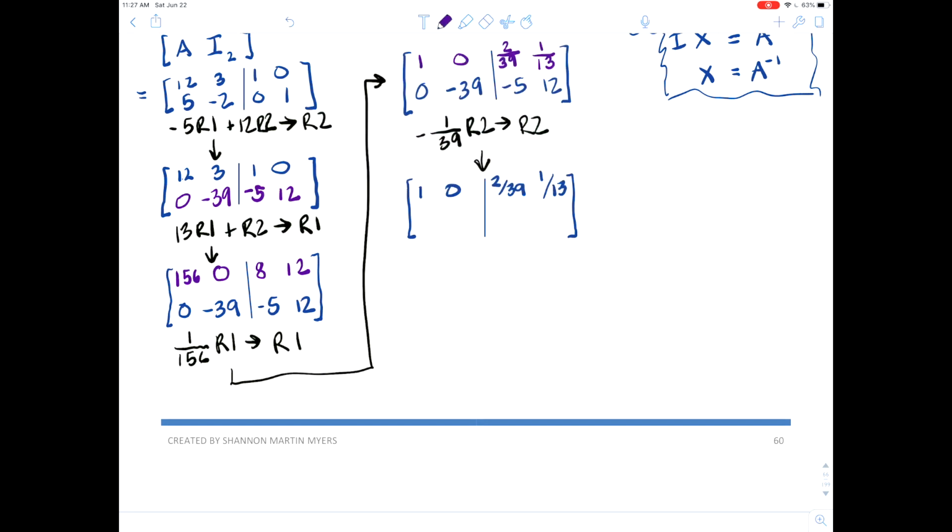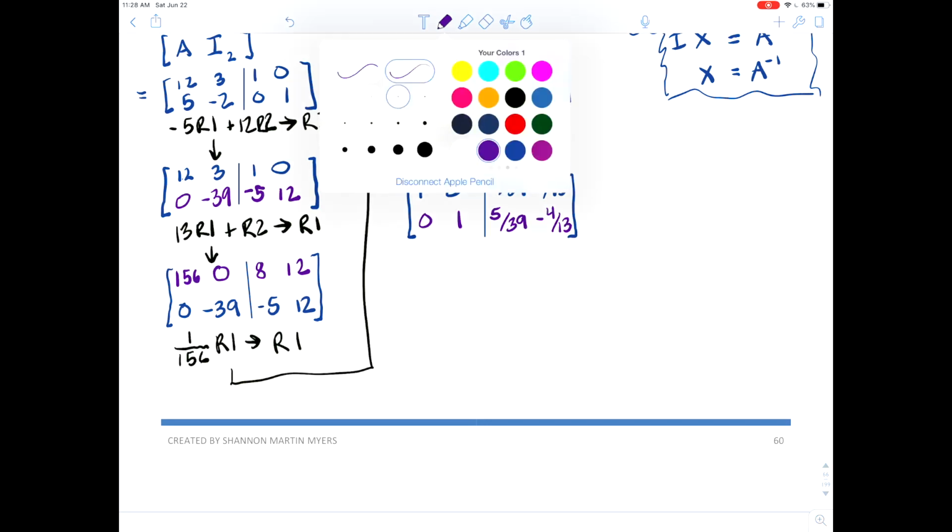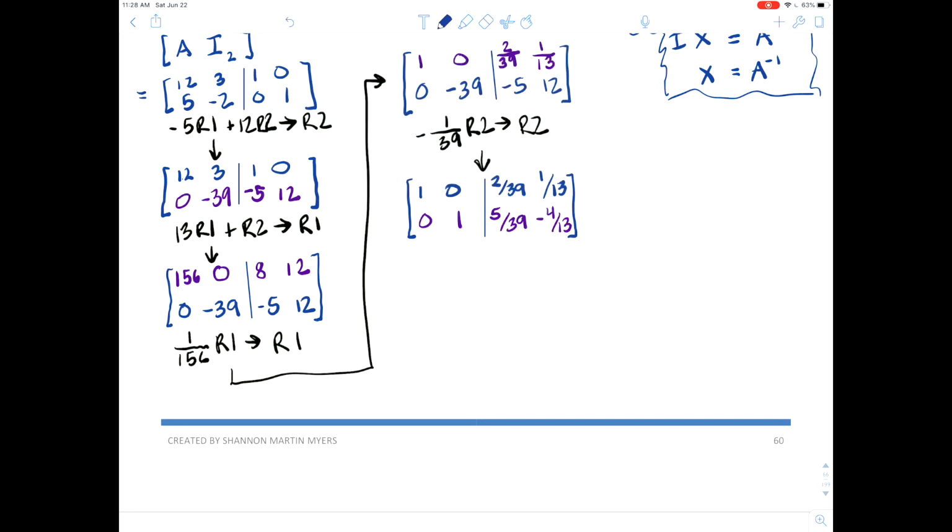And let's see what we get. So we'll get 0 here, 1 here, and then let's see, positive 5/39 here. And then negative 12/39 would reduce to negative 4/13. Cool, cool? Okay, now be careful because a lot of times people say, oh, this is A inverse, but only part of it is.